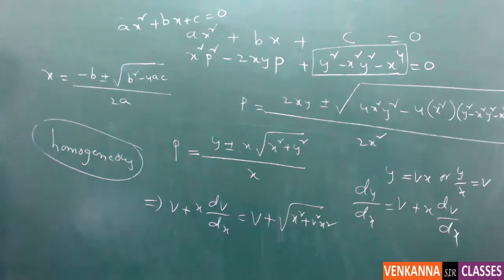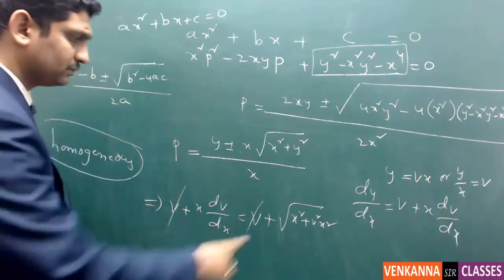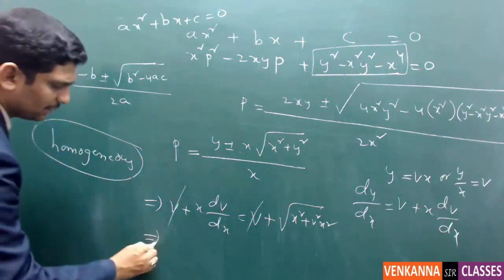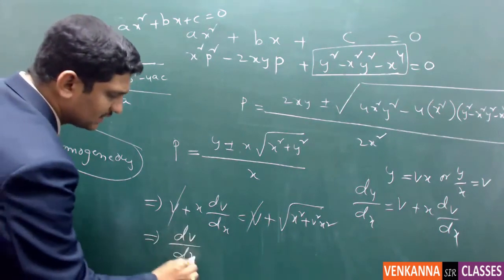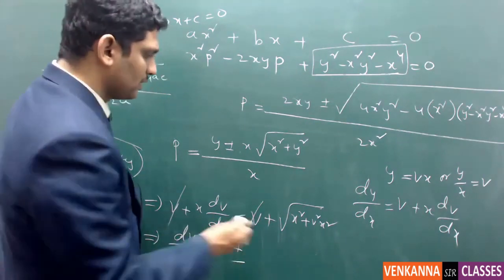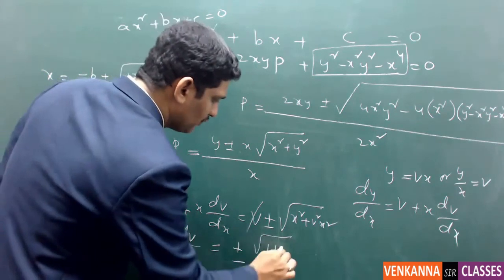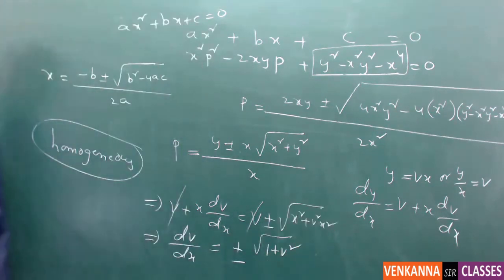Accepted all? So v gets cancelled, x also gets cancelled, which implies dv by dx is equal to plus or minus square root of 1 plus v square. Please check. On substituting y by x equal to v, or y equal to vx, this is the technique of solving homogeneous differential equations.